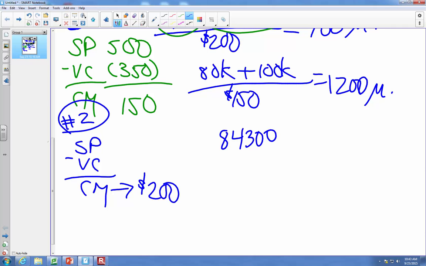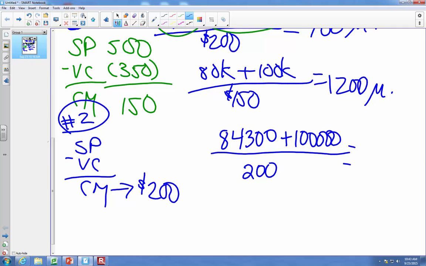How much do I want to make? How much is my CM per unit? How many bikes do I have to sell? How much? 922.